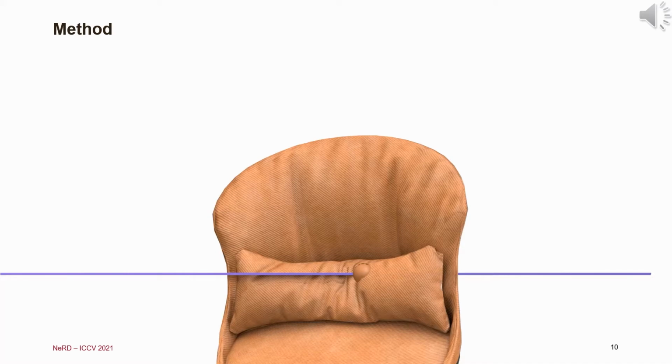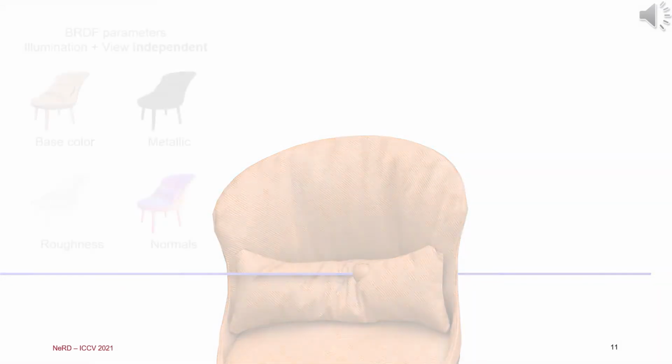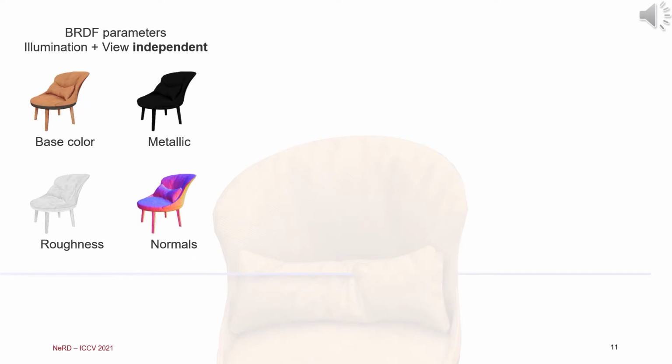Here we break with NeRF. NeRF again alpha composes the view-dependent colors. Our method, on the other hand, alpha composes material properties that are not view or illumination dependent. These view and illumination independent material properties are the BRDF parameters, base color, metallic, roughness, and we also derive the surface normal based on the density gradient.